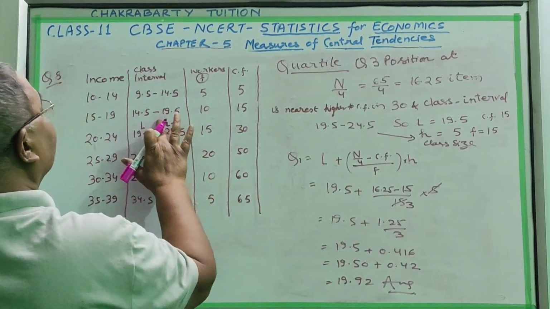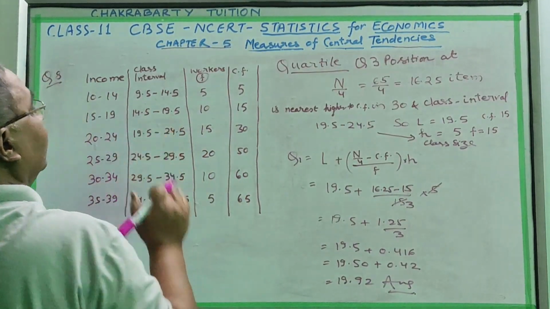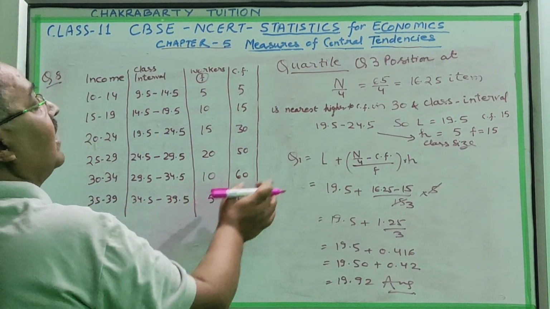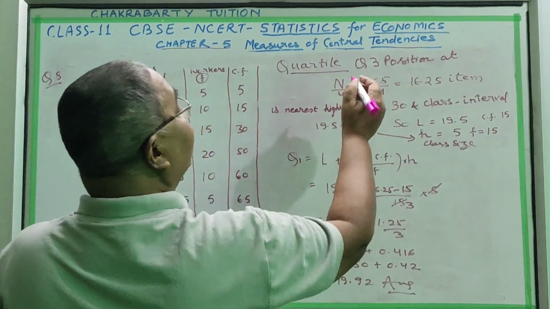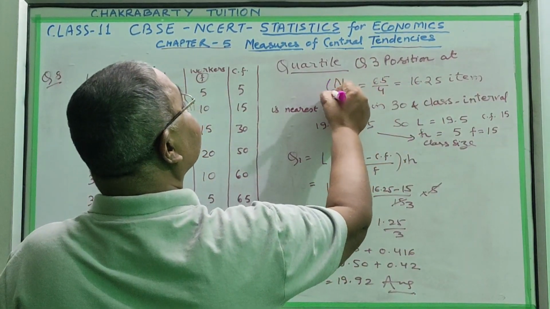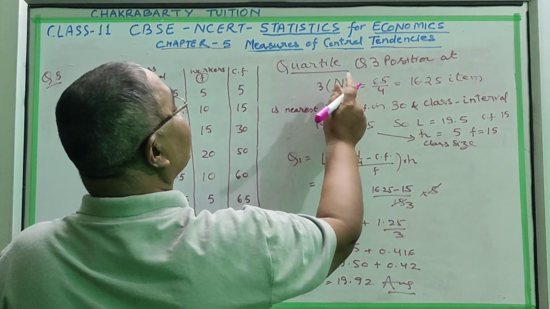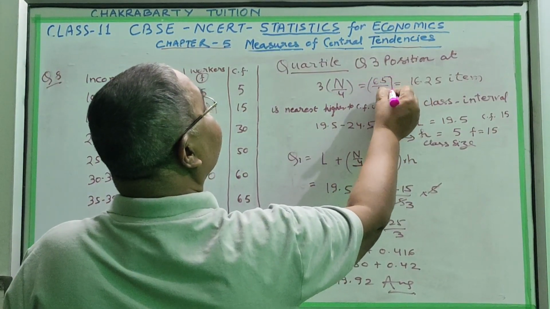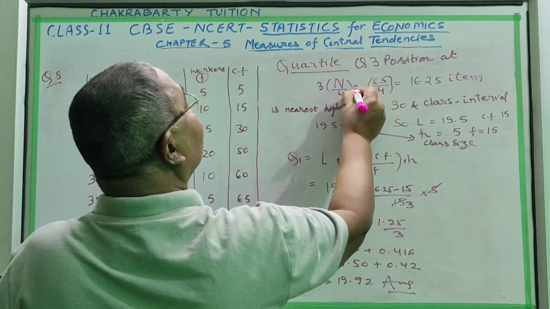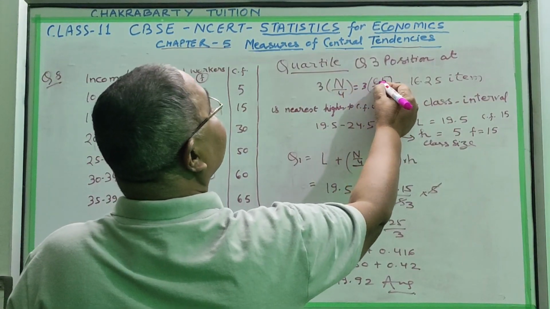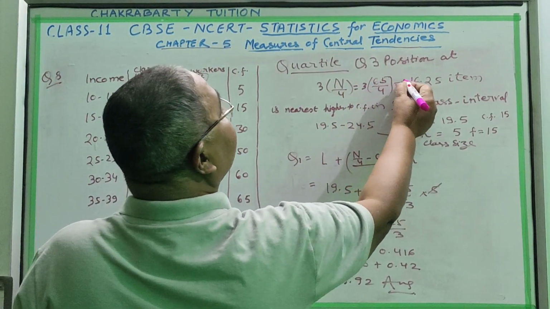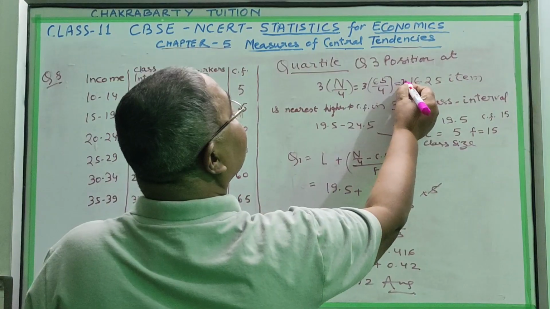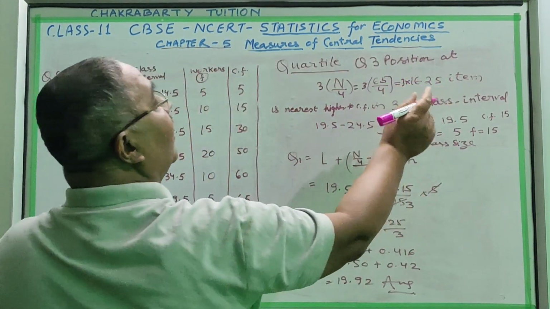Okay, this is your table. Now the Q3 position, what we have said, is 3 times n upon 4. So it is 3 multiplied by 16.25.